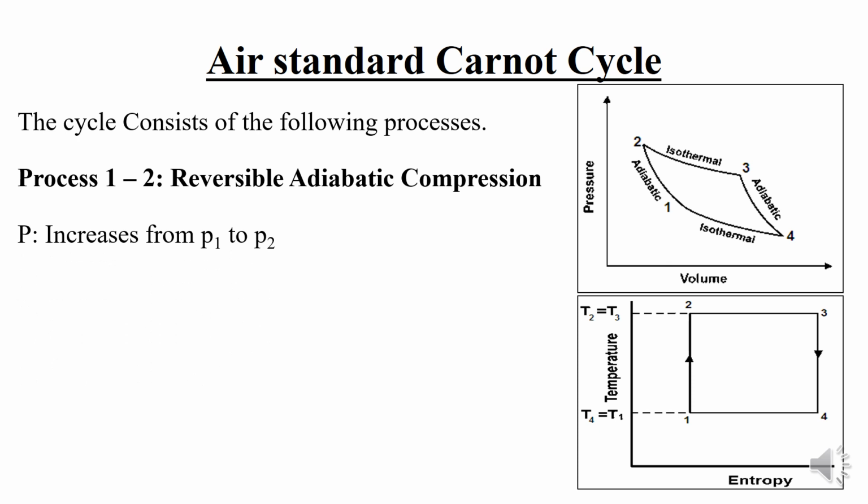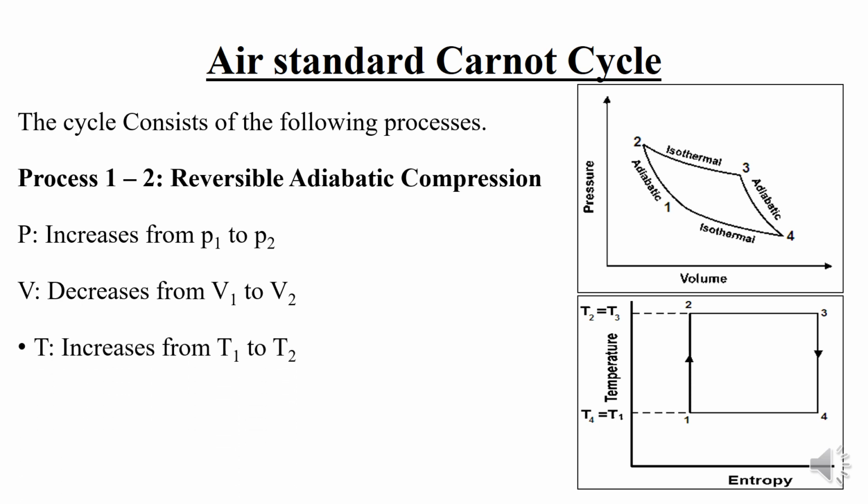In the 1 to 2 reversible adiabatic process, pressure increases from P1 to P2, volume decreases from V1 to V2, and temperature increases from T1 to T2, while entropy remains constant, that is S2 minus S1 equals 0.